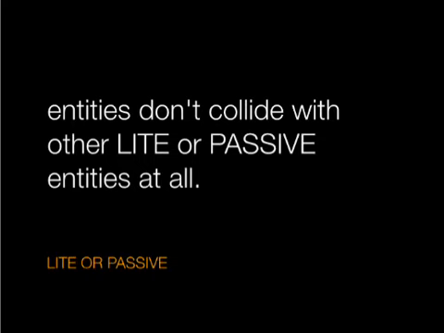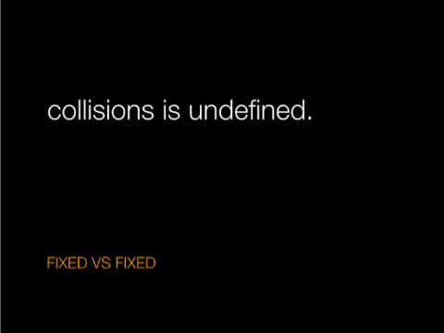For example, if you have particles set to light and you have a passive character, the passive character will move the particles, or the particles will sit on the passive character. Then you get to situations like fixed versus fixed. You'd always set a platform to fixed, so you can't really have a scenario where two fixed things collide with each other.